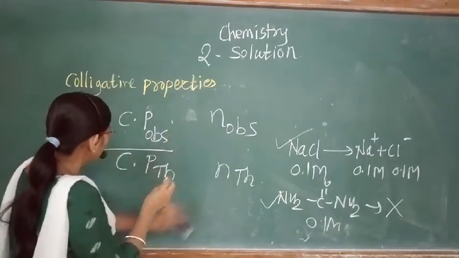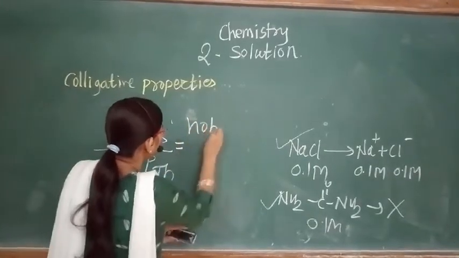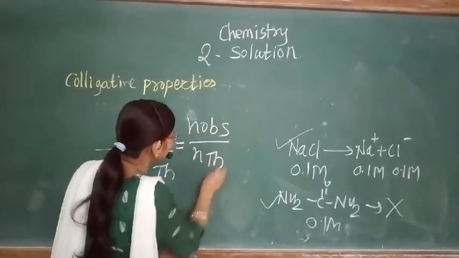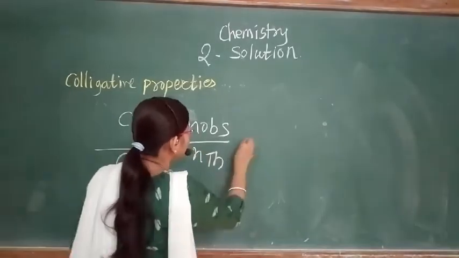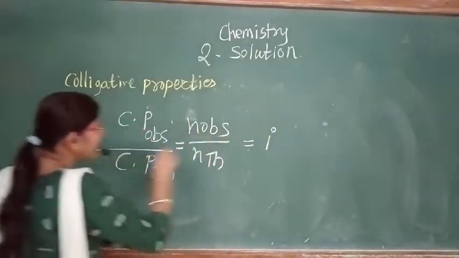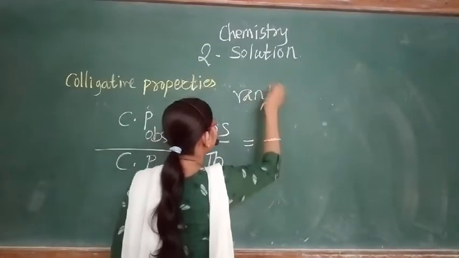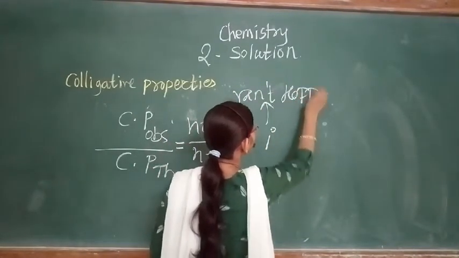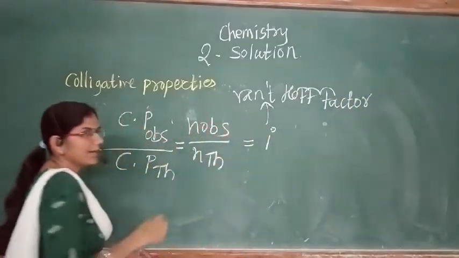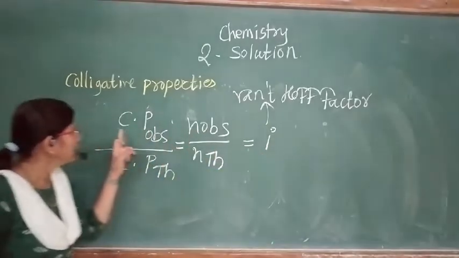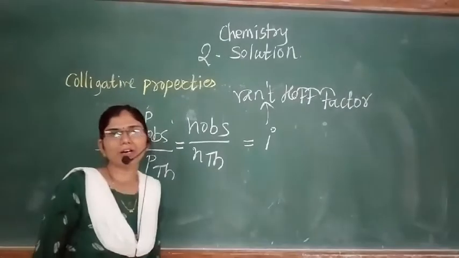Here, Cp observed upon Cp theoretical is equal to n observed upon n theoretical, and this ratio is equal to i. i is called the van't Hoff factor. i is the ratio of the colligative property observed to the colligative property theoretical.